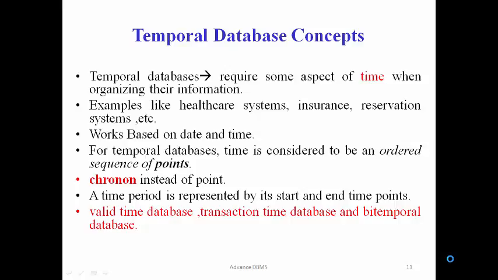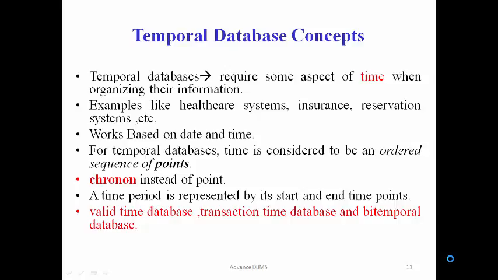For temporal databases, time is considered to be an ordered sequence of points, but we use the chronon instead of a point because, if you take time as a point, some transactions are executed in microseconds, milliseconds, or in seconds. So to use one common word, temporal database engineers use the word chronon.